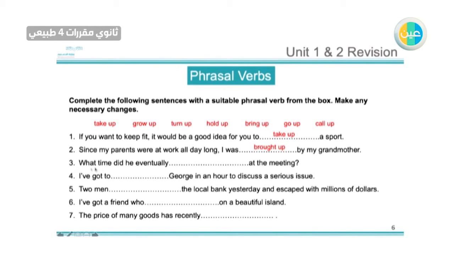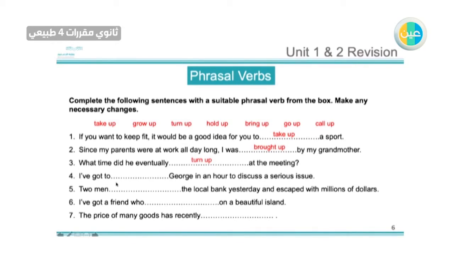3. What time did he eventually blank at the meeting? So what time did he arrive at the meeting? What's the word, do you think? It is turn up. What time did he eventually turn up at the meeting? 4.